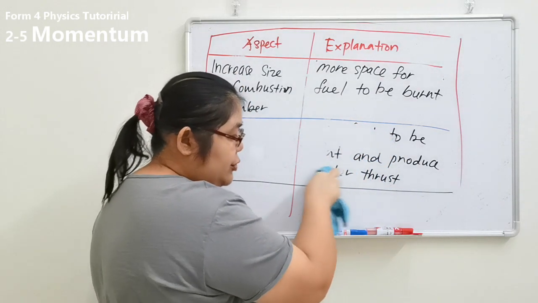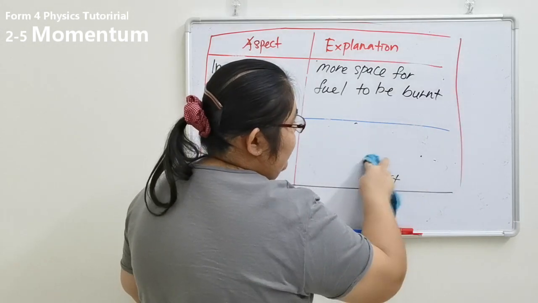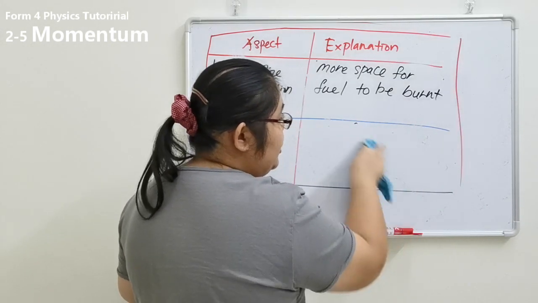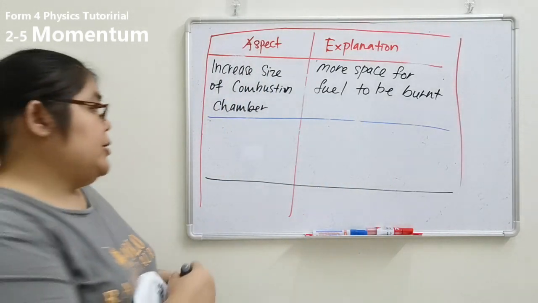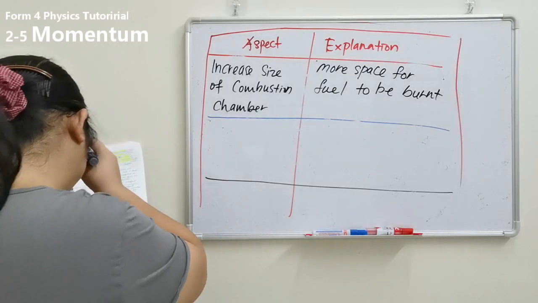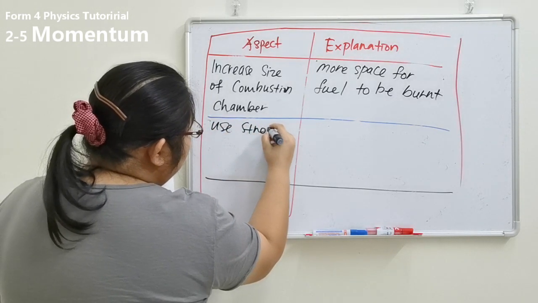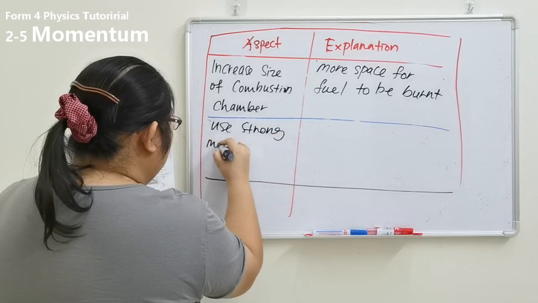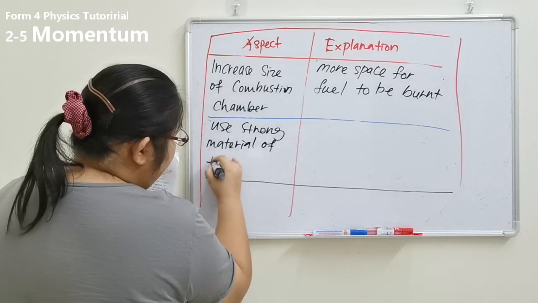Remember I told you strong material, we can apply it everywhere. No need to mention what material, just strong is enough. So we write here: using strong material of turbine blade.